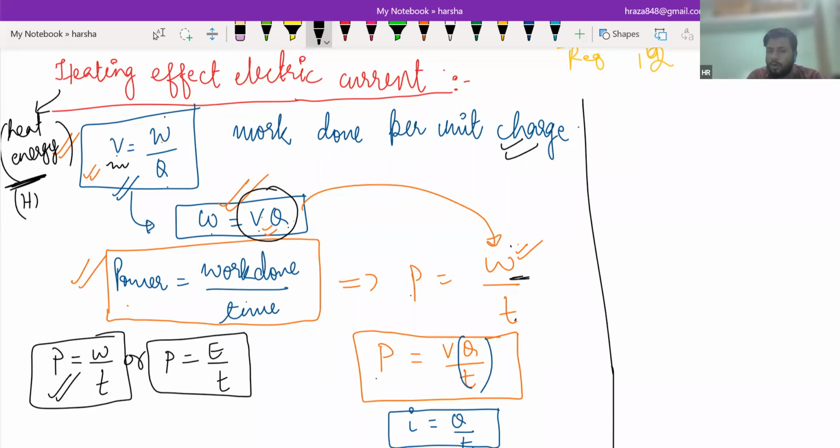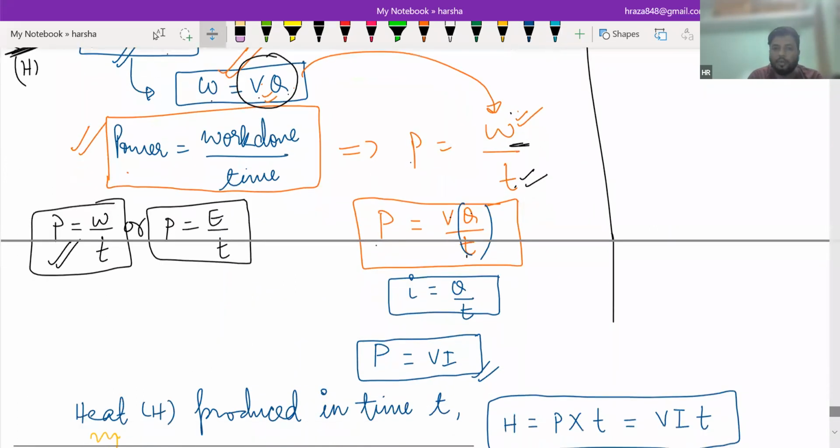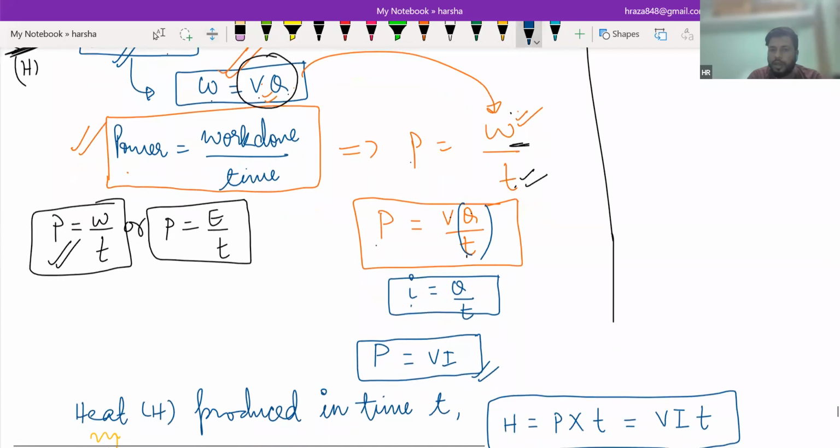So P will be equal to VQ by T. T comes from the formula of power in denominator. Now we also know that I is equal to Q by T. At the place of Q by T, I just put I. So the new formula of power is P is equal to V into I.